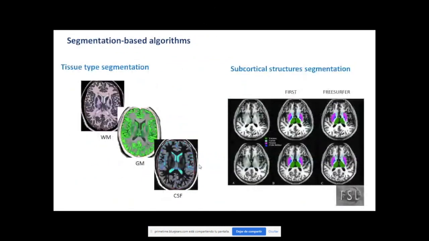With the same tool, we can segment specific regions of the central nervous system, the white matter, the gray matter, the CSF, or specific structures such as the basal ganglia or the thalami, again based on these segmentation tools, ideally in cross-sectional studies.